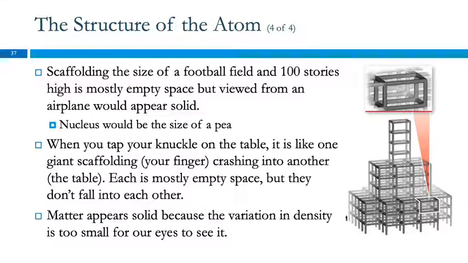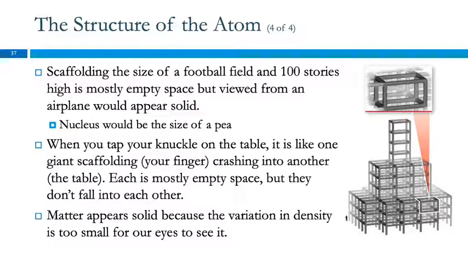Now, if you looked at that from an airplane, and here we're getting a little bit of that perspective, as you back up from this, all these lines begin to overlap and you lose the resolution. It appears solid, and yet when you zoom in on it, you realize it's mostly empty space. That's how matter is. It looks solid to us because we can't resolve the differences between the empty spaces and the not empty space.